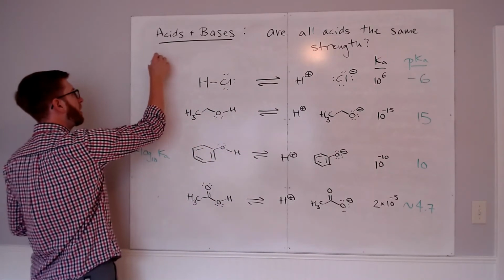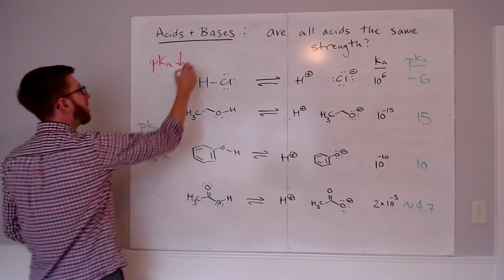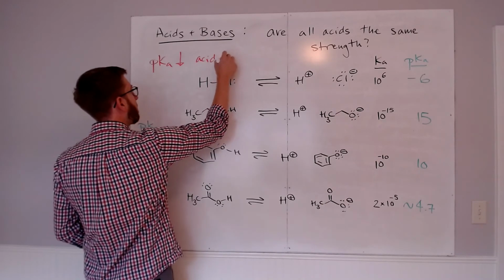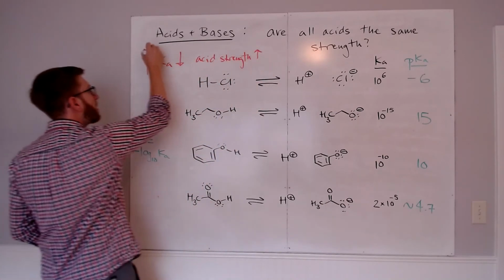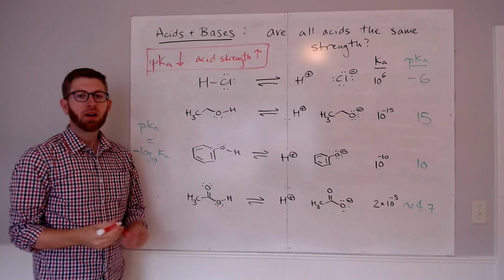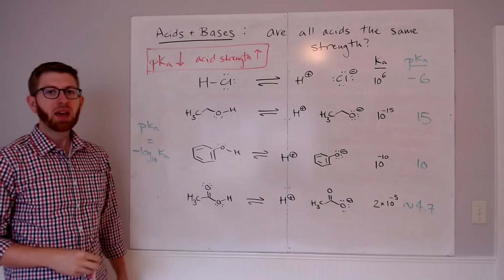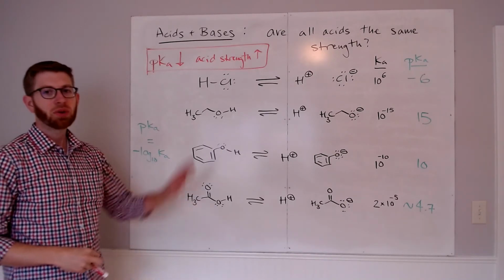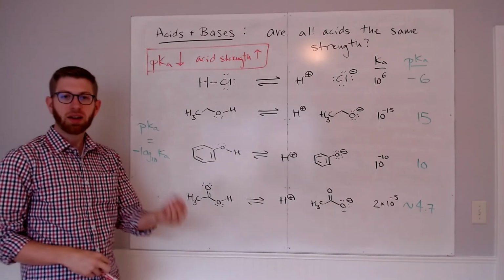As pKa goes down and then becomes negative, our acid strength goes up. So this I want you to memorize. For almost the rest of this unit and semester, we'll rarely, if ever, talk about Ka values. Exclusively, we'll use pKa values, right? So this is really the relationship that you need to have dialed in your head.